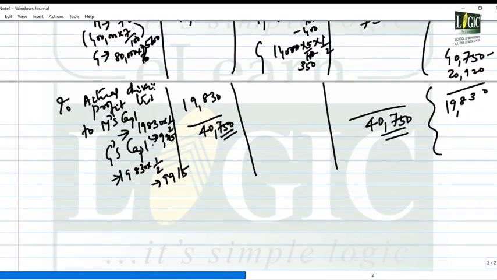The profit or loss appropriation account is an extension of the profit or loss account, wherein you start with the net profit traced out by the profit or loss account.